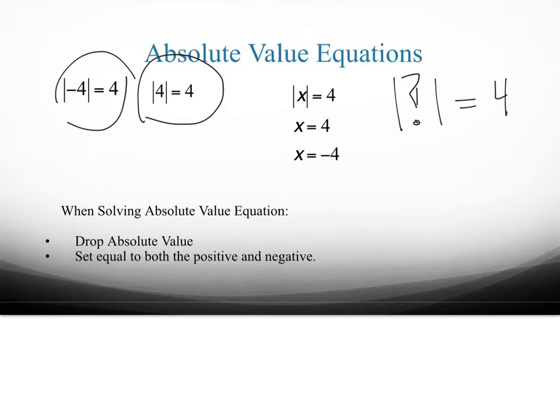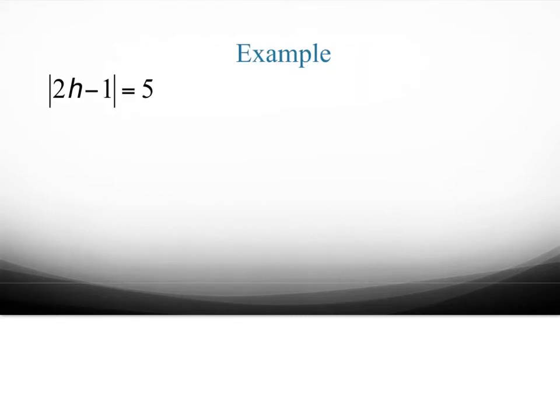So in order to solve an absolute value equation, drop your absolute value signs and then set each equal to the positive and the negative. Here's an example of that.